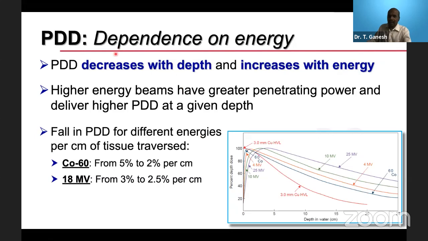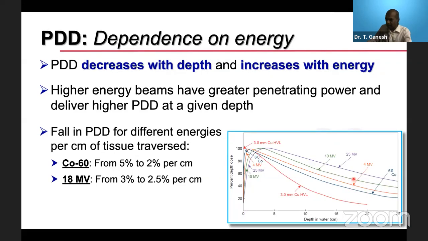Now, first, PDD is dependent on the energy. It will increase with energy and it will decrease with depth. As you can see here, as the depth increases, the percentage depth dose decreases. So it decreases with depth and it increases with energy. You see here, as the energy is increased from cobalt 60 to 4 MV, PDD at a given depth increases, and from 4 MV to 10 MV, further it increases.